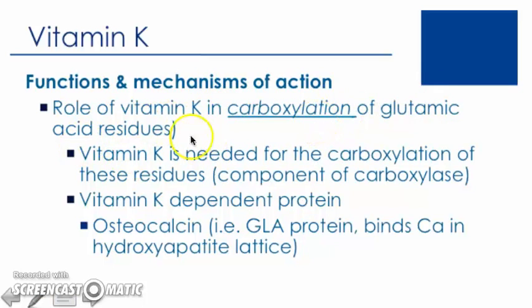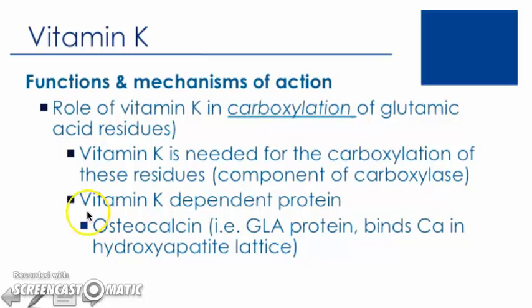We see more specifically that vitamin K is going to be needed for the activity of the carboxylase enzyme. So again, that's going to be a vitamin K dependent carboxylase enzyme that's going to catalyze the carboxylation reaction.